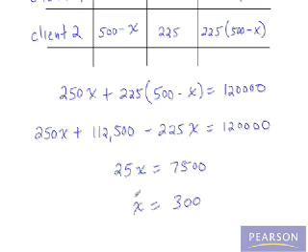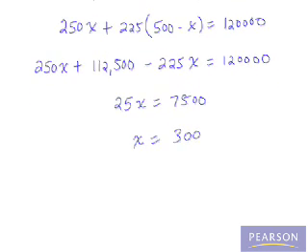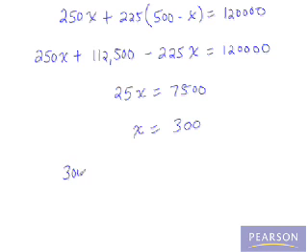So we need to go up to our chart and remind ourselves, what was X? X is the number of boxes sold to Client 1, which is 300. So we'll say that there were 300 boxes sold at $250.